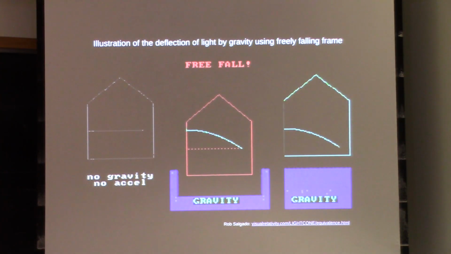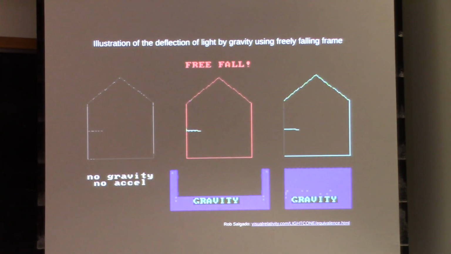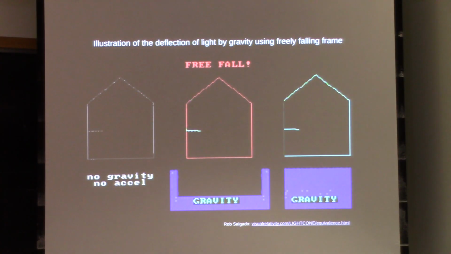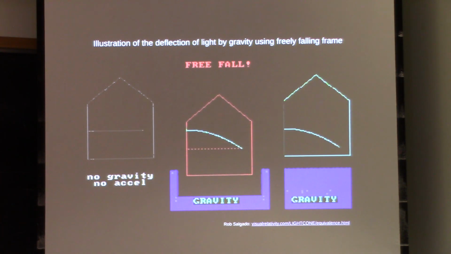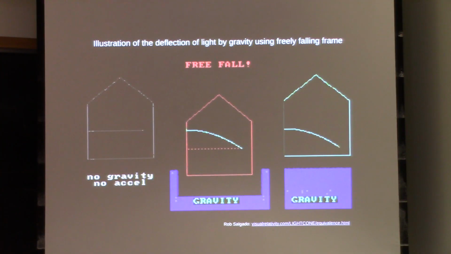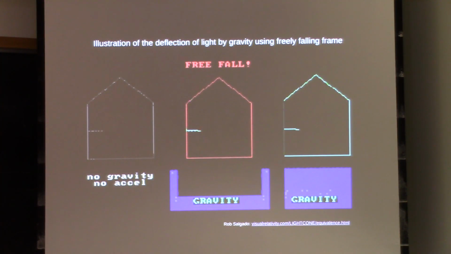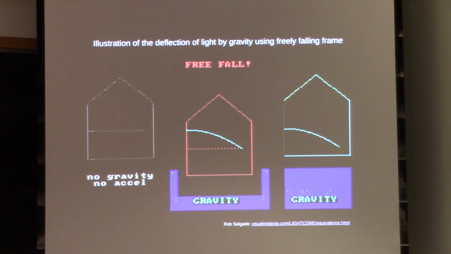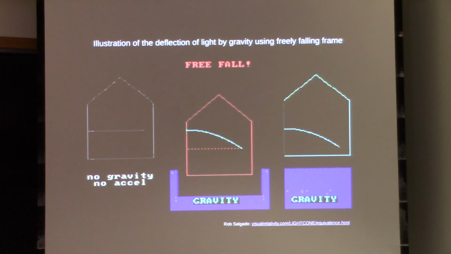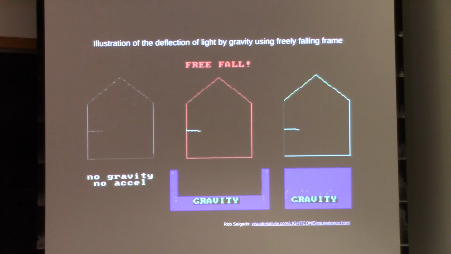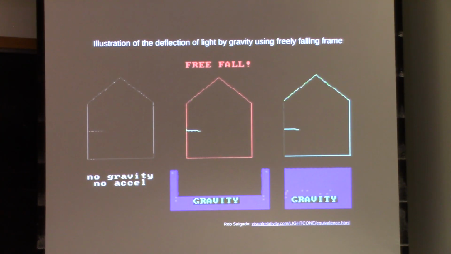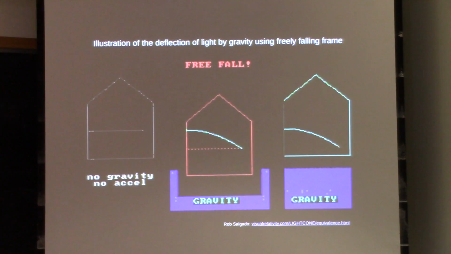But the thing is, when we talk about gravitational lensing, we haven't emphasized this yet. Because of gravity, in general, you cannot find a single inertial frame of reference that will cover all of space-time. You can only find locally inertial frames, ones that cover small regions of space-time. Our falling compartments are what we call locally inertial frames of reference. We can't cover all of space-time with a single inertial frame of reference if gravity is present.